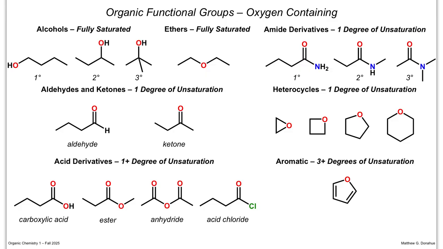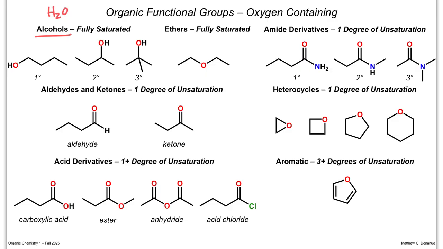So the first one we're going to look at are alcohols. And again, we can think of these as derivatives of water. We're going to take a hydrogen from water and substitute it for a carbon. So minimally, what you need for an alcohol is an OH group.